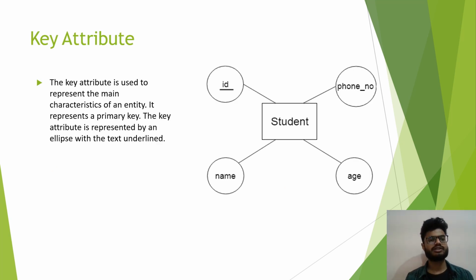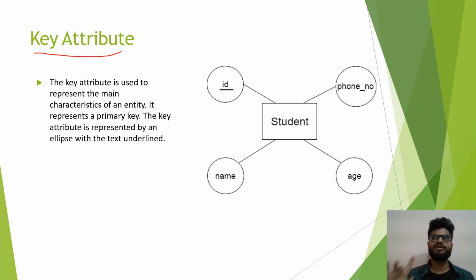So here is a classification of attributes. First is the key attribute. The key attribute is used to represent the main characteristic of an entity. It represents a primary key. The key attribute is represented by an ellipse with underlined text. To relate one table or entity to another, we use some constraints or attributes. The primary key is one of the most important attributes used to relate one table with another.